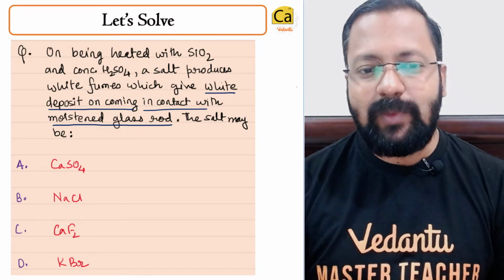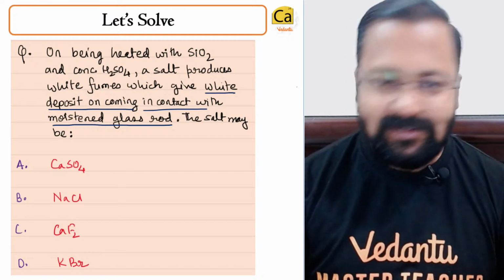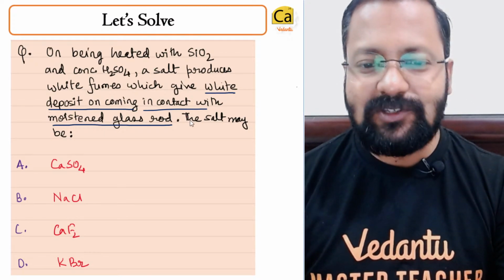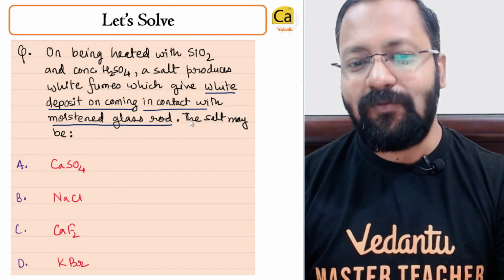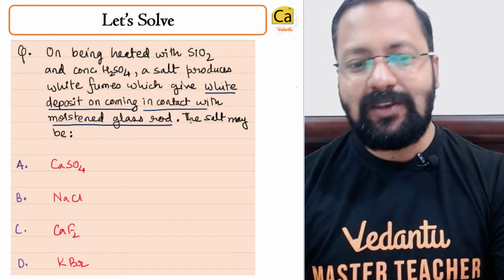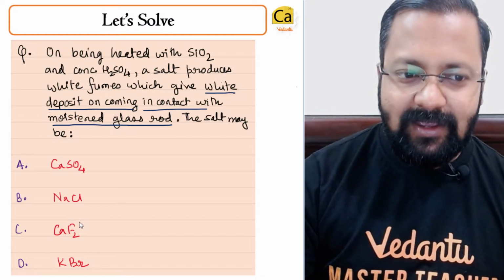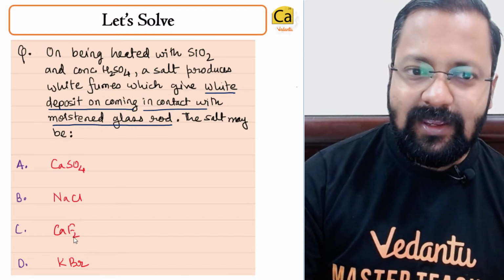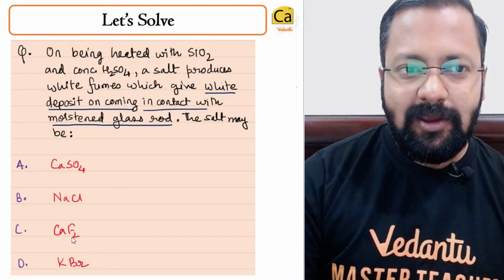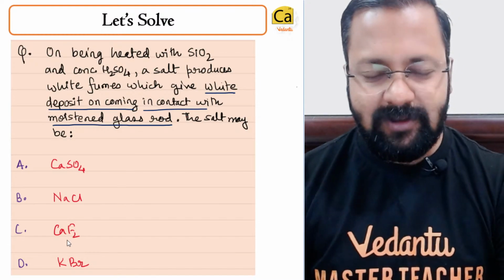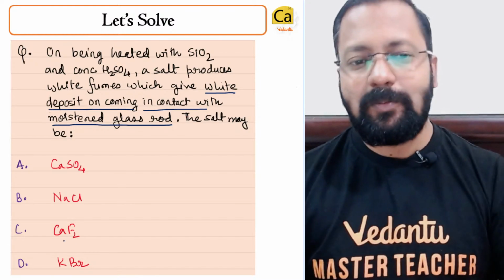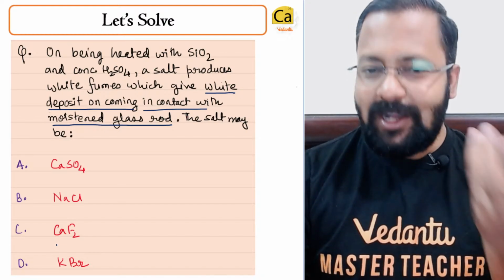What do you think will be the right answer? Moistened glass rod के साथ which anion participates in reaction in such a way that you observe a white deposit.